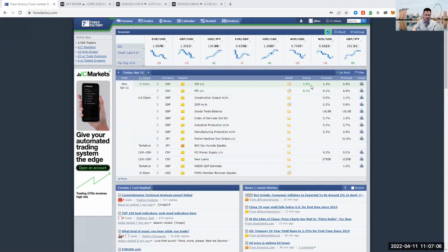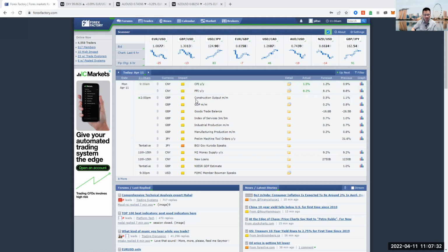So Chinese CPI, or Chinese inflationary numbers, climbing as with every other country across the world. So we are seeing inflation increase across the board now. As this inflation number increased for the Chinese, we actually saw the Aussie dollar and the Kiwi dollar drop because of that. Bearing in mind, today we are looking at the Aussie and the Kiwi dollar.